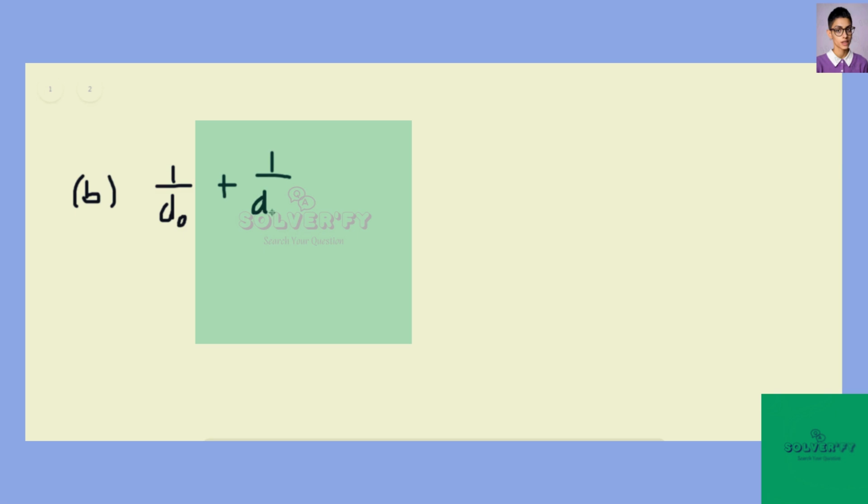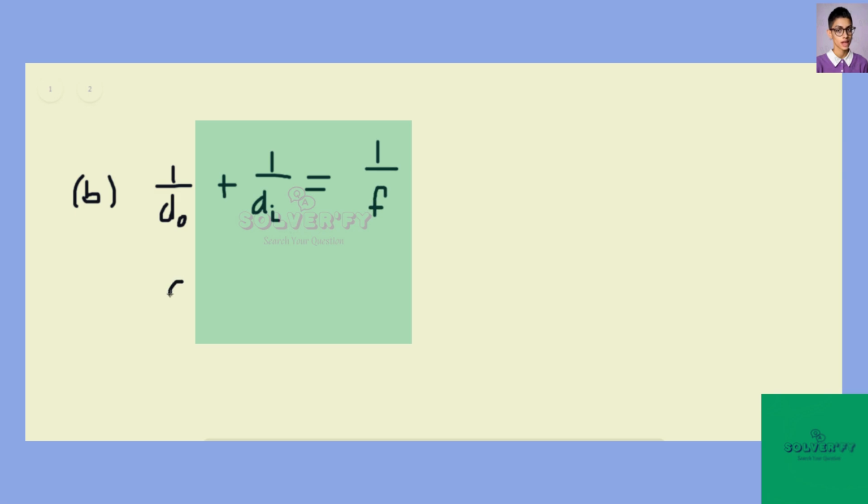Using this information, we can go ahead and start here on part B, where we know that the relationship is 1 over the distance to the object plus 1 over the distance to the image is equal to 1 over f.